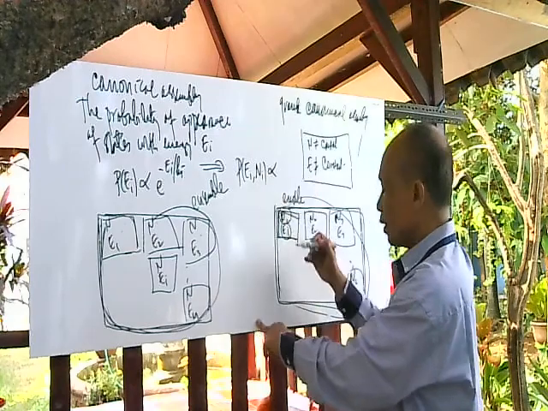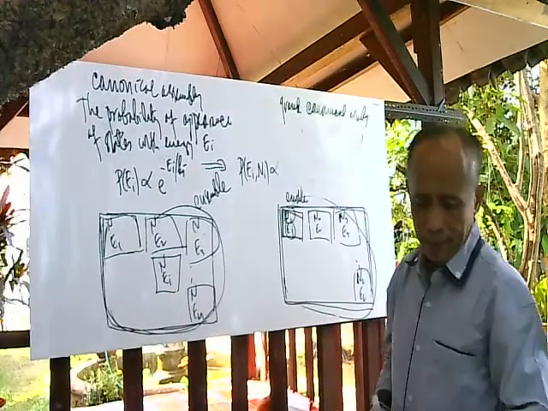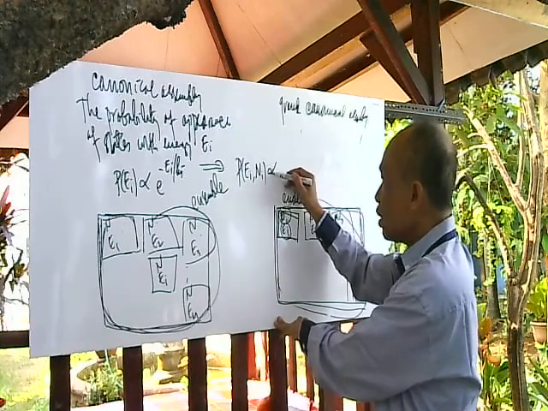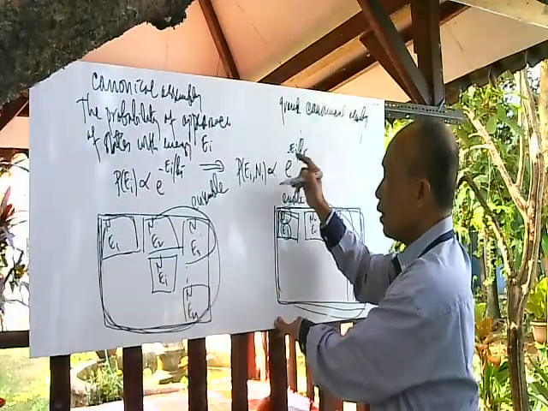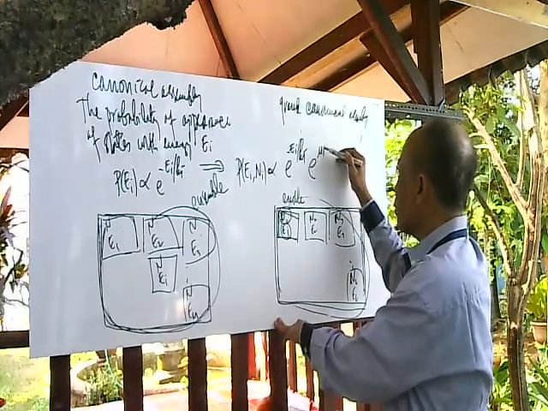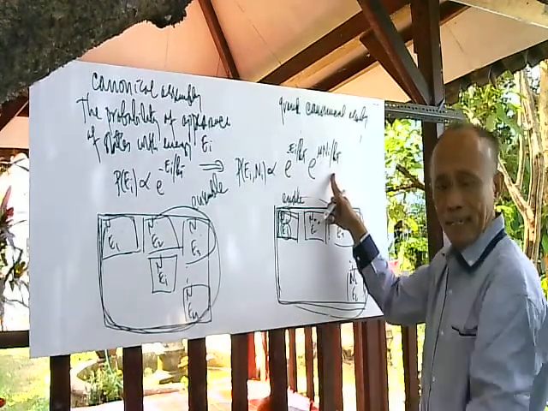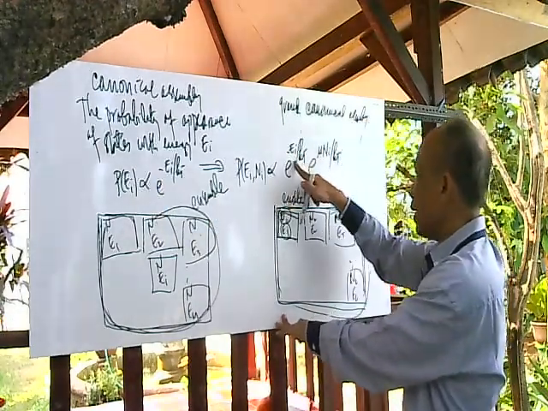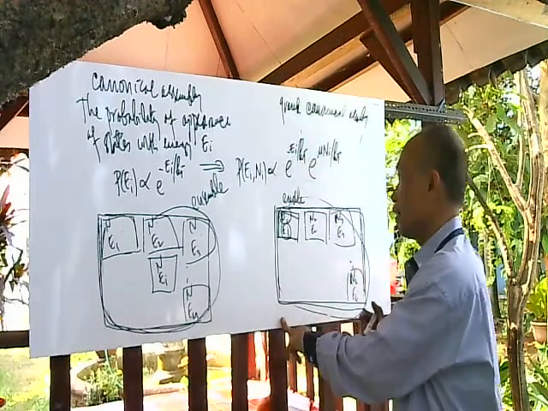We write similarly that the probability of finding assembly with energy Ei and number of particles Ni is proportional to exponent minus Ei over kT. This is the same, this is the available energy change. We also introduce another parameter that depends on the number of particles Ni over kT. It does not only depend on Ei, it depends on Ei and Ni, because Ei and Ni are not constant.